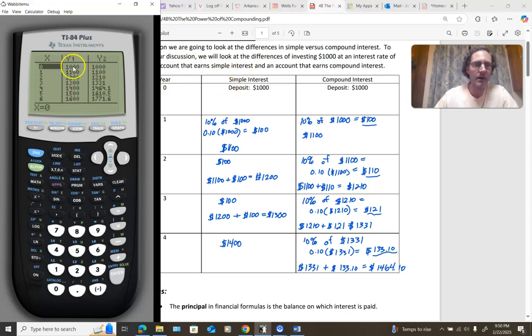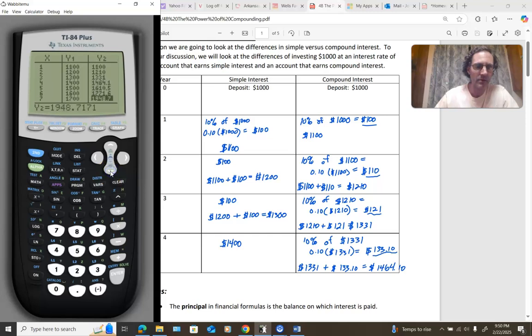If you remember, we're depositing $1,000, and at the end of the year, for the simple interest, we get $100 each year. So this grows linearly, or about the same amount each year. But an investment that earns compound interest grows like this. And if you notice, these are the same values that we got in the notes.